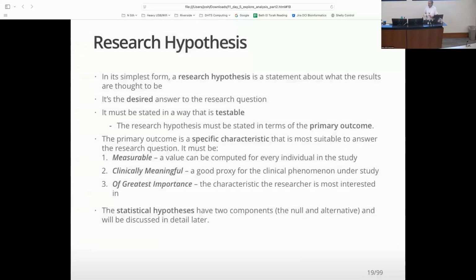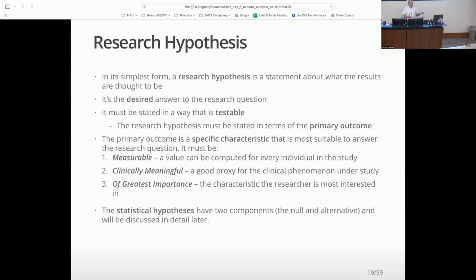So moving on to the research hypothesis. Before we get into a research hypothesis for each of the case studies, we'll discuss a few ground rules. In the simplest form, a research hypothesis is a statement about what results might be expected.